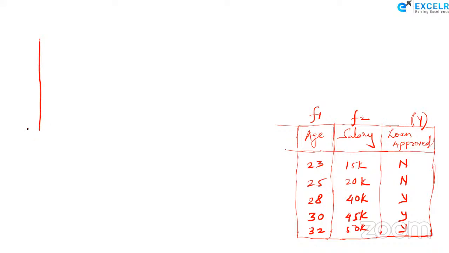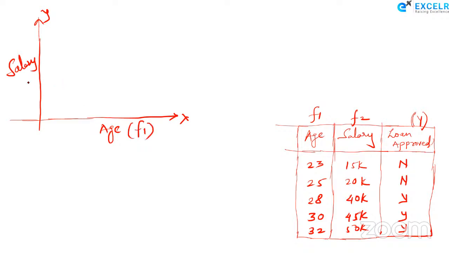So let us plot a scatter plot. So x-axis, y-axis. Let us put age on the x-axis and salary on the y-axis, right?